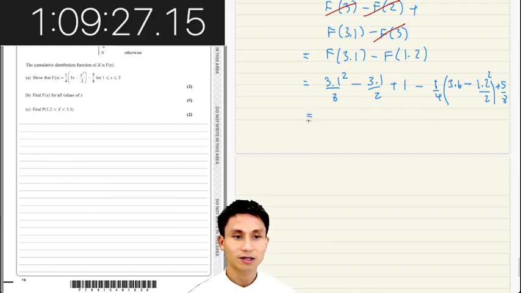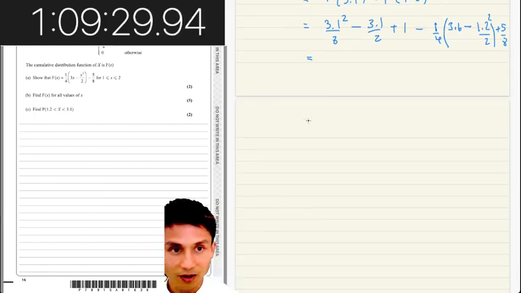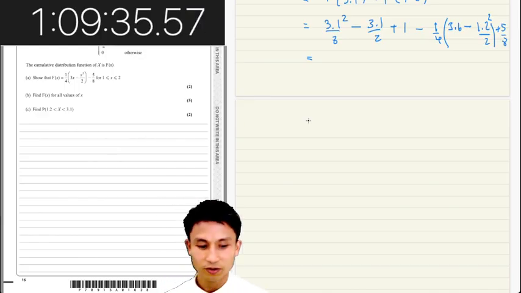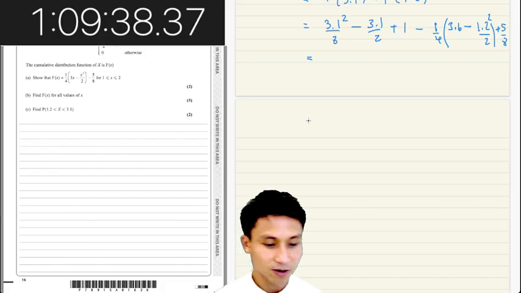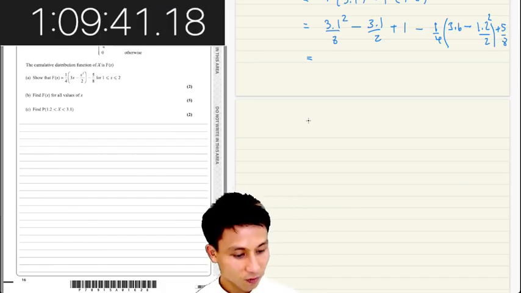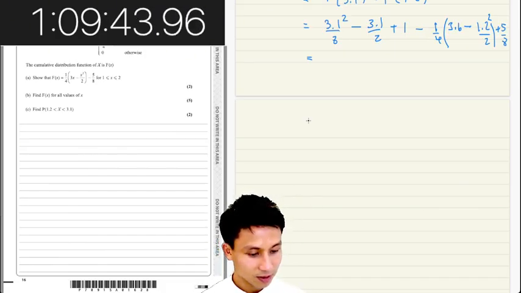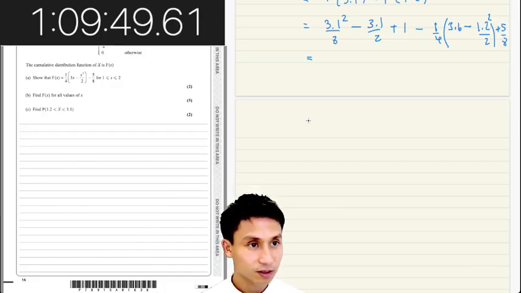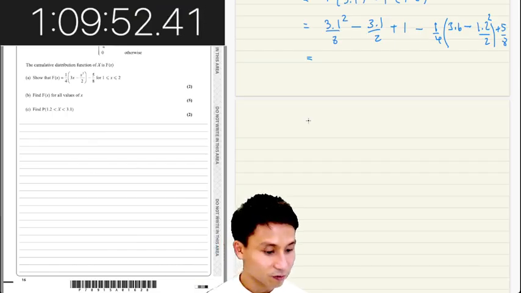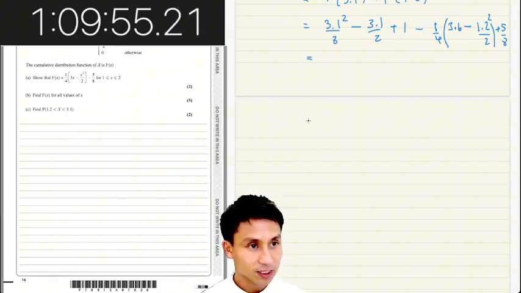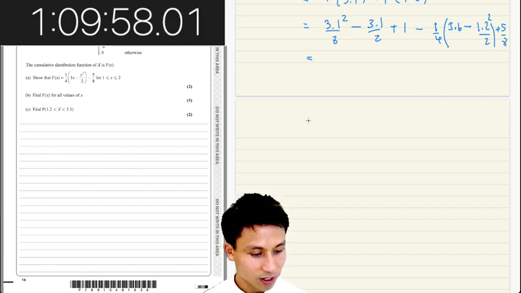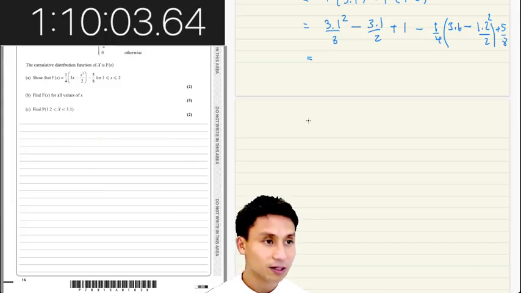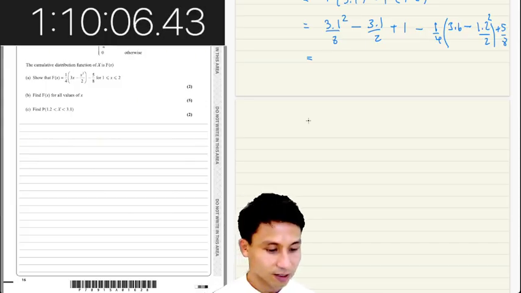That should be right. So let's get the value there from the calculator. So 3.1 to the power of 2 over 8, minus 3.1 over 2, plus 1, minus 0.25, which is 1 over 4, then 3.6 minus 1.2 squared over 2, and then close bracket, plus 5 over 8.